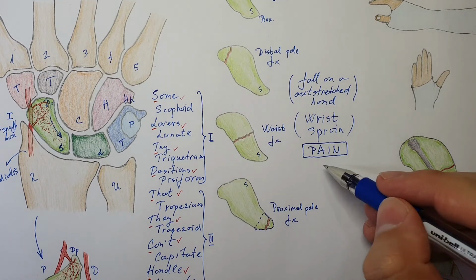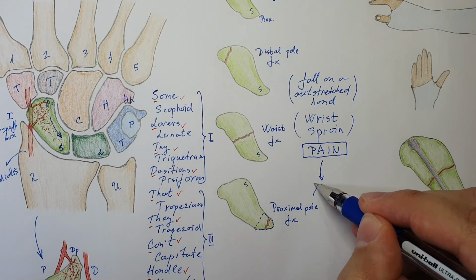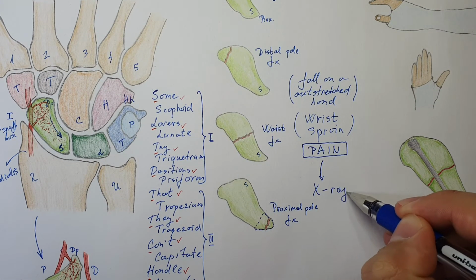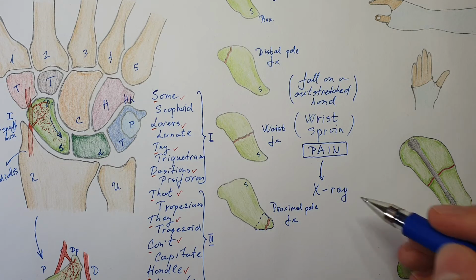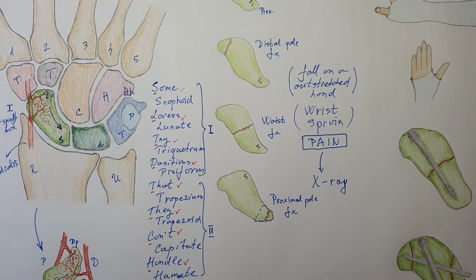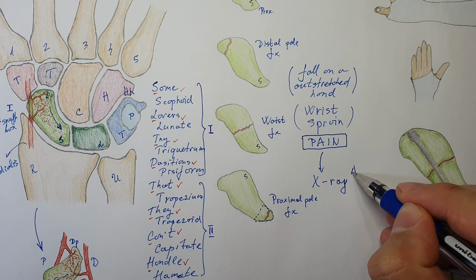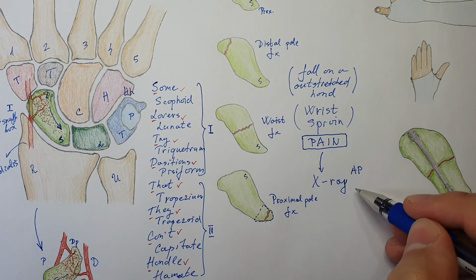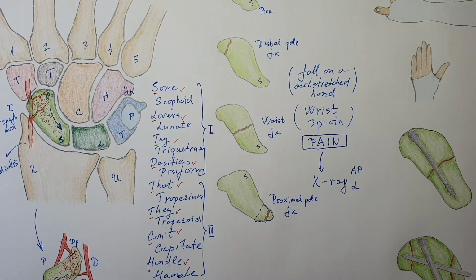So you will do an X-ray. You always need two views, so you can do an AP view and a lateral view. When you do an X-ray, if there is no special dislocation, this fracture will not show on the X-ray immediately after injury.